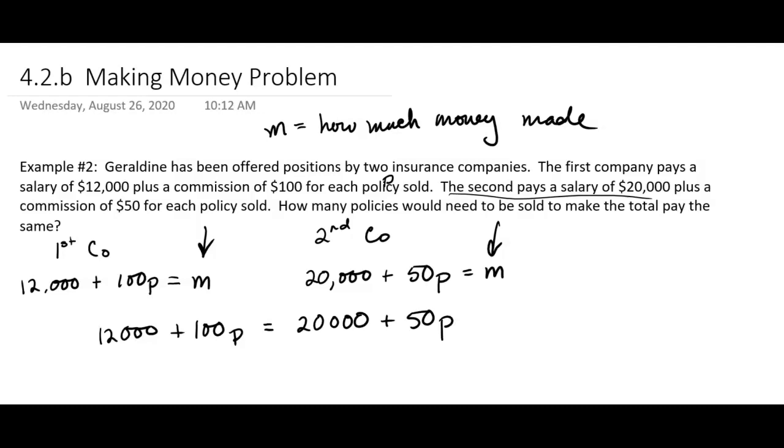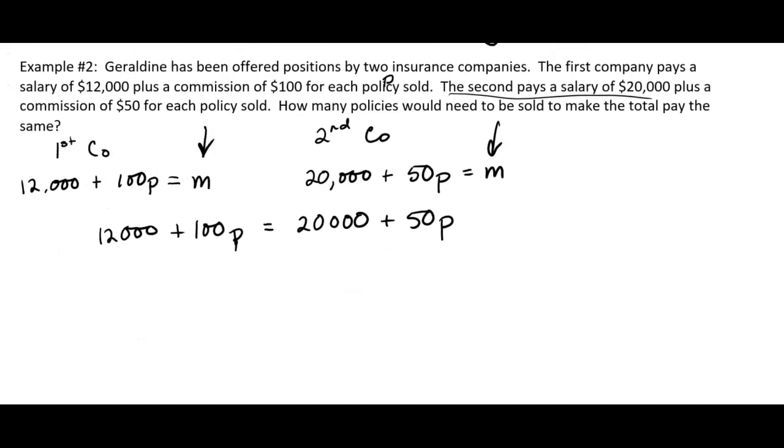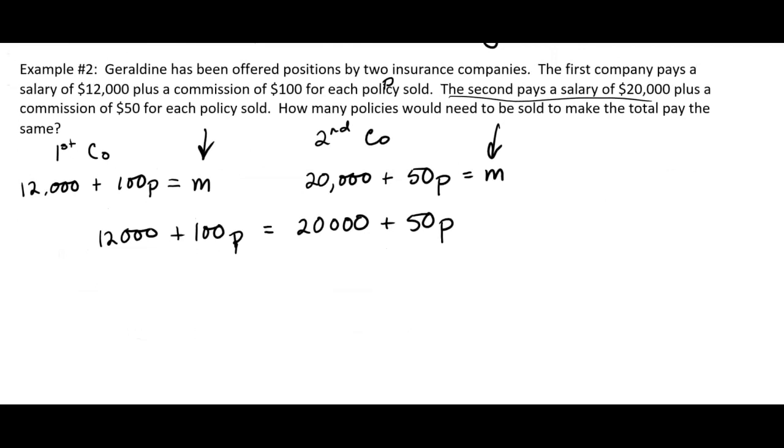And then we're trying to figure out how many policies she has to sell so that it would be the same amount of money. Okay, so it's a nice little problem. So that's what we have. I'm going to subtract the 50p off this side and this side. You have to do it to both sides.